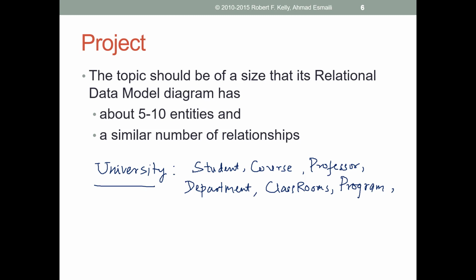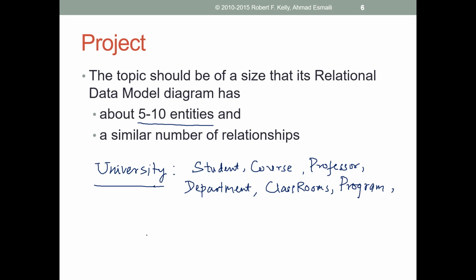Similarly, if you are thinking of a banking system, you can think of some entities like for banking, you'll have a customer, you'll have location. So the point is, whenever you pick a topic, make sure that it is easier to identify at least 5 to 10 entities.